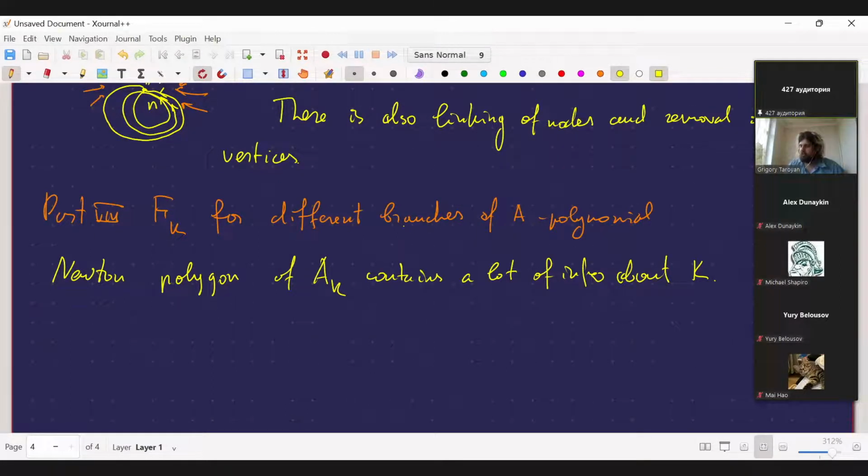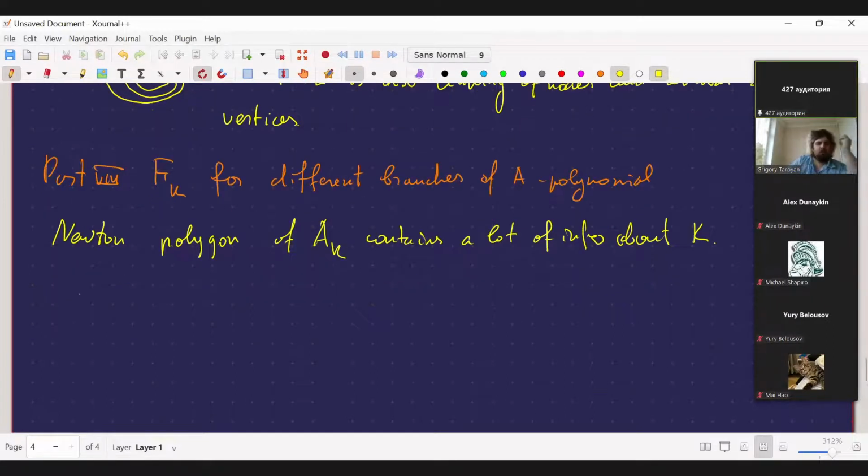But so the idea is that the Newton polygon knows a lot about the knot, and specifically a lot of geometric information. But now we're interested in solving the following equation. So we have a classical A polynomial in variables x and y, and we want to study various branches of this solution.